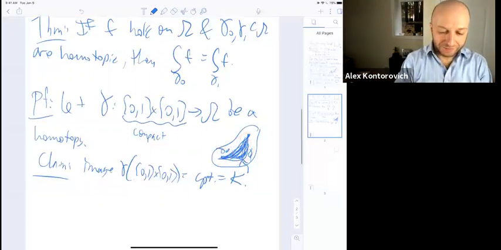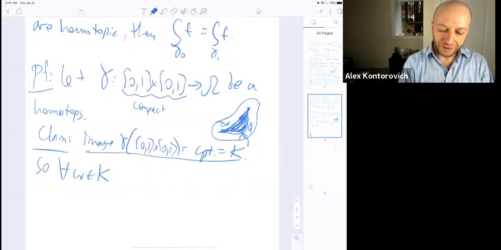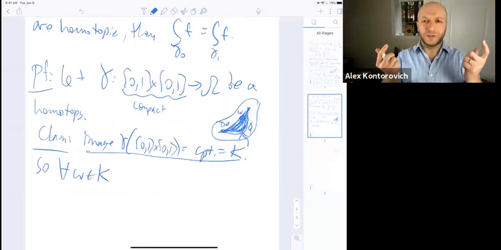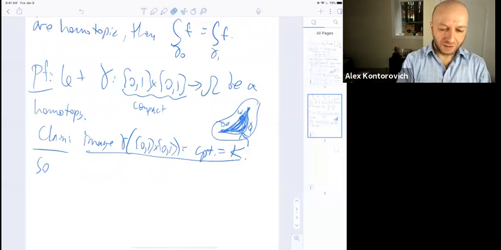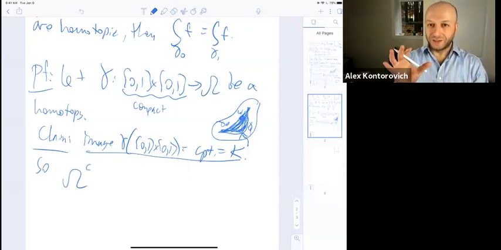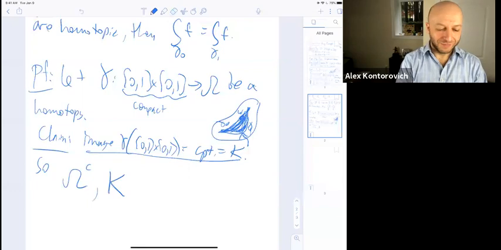Right, so what does that mean? So this image is compact. For every point in the image, this is something else we've seen. The complement of gamma, let me say it like this. The omega complement is closed. Omega is an open set, an open domain, and it's disjoint from K, which is compact.